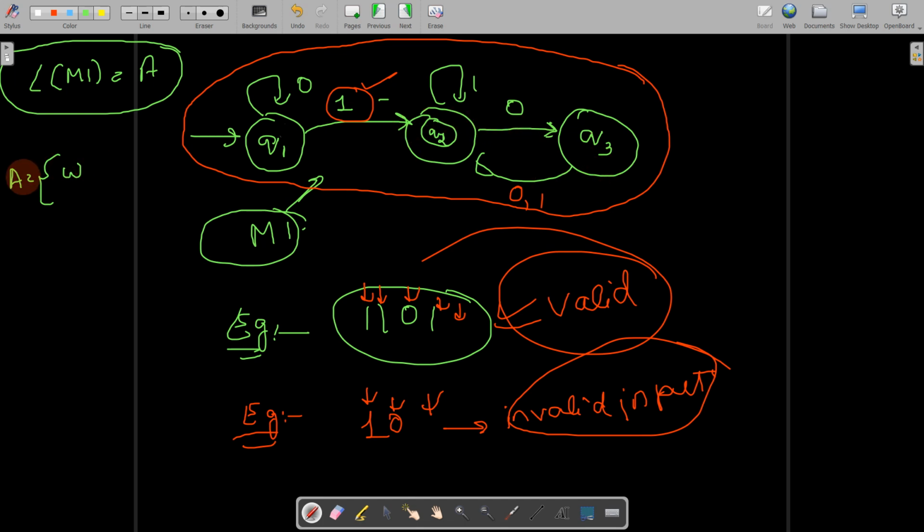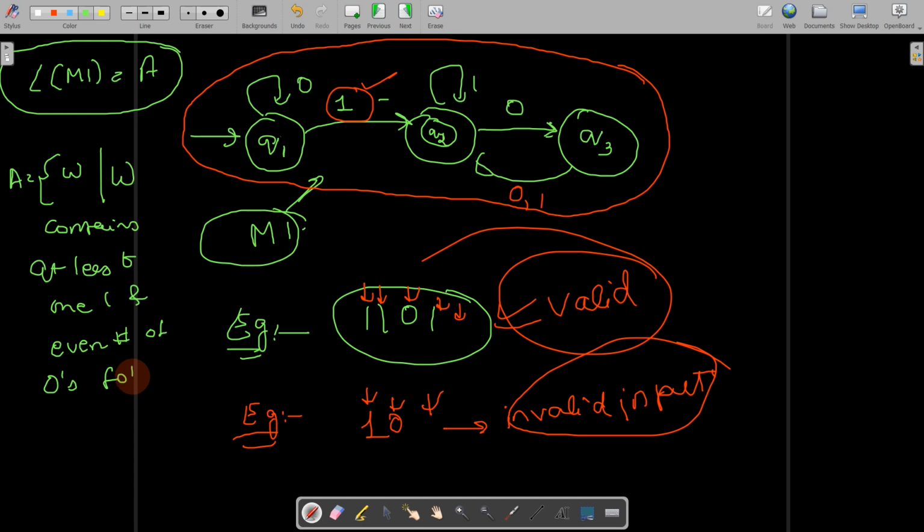So if we write formally, the language accepted by machine M1 would be all the strings w such that w contains at least one 1 and an even number of zeros following the last one.